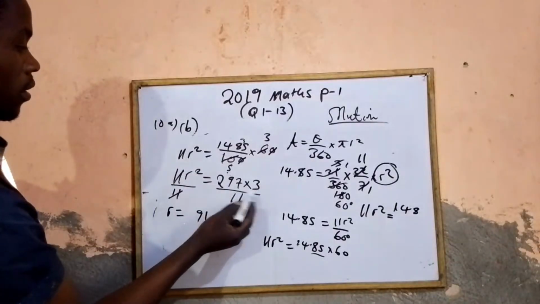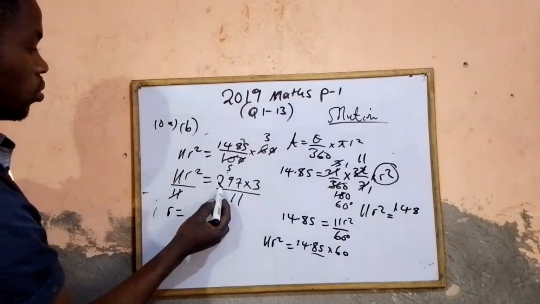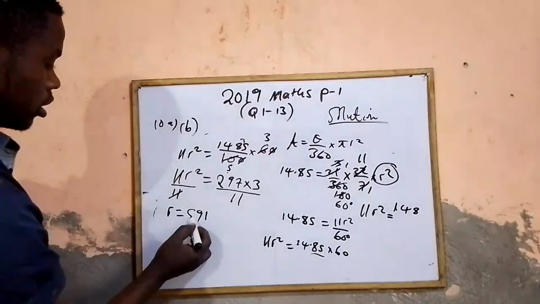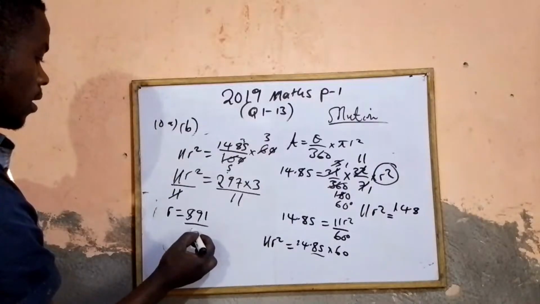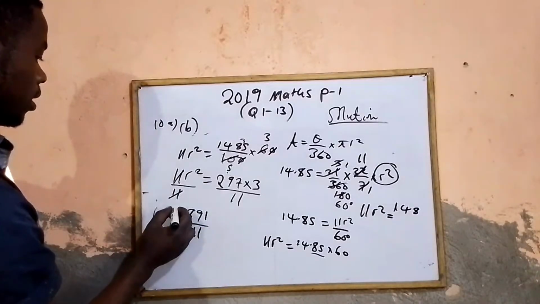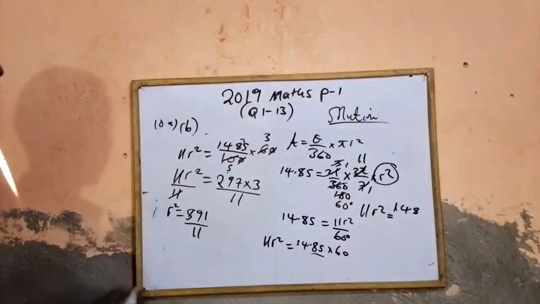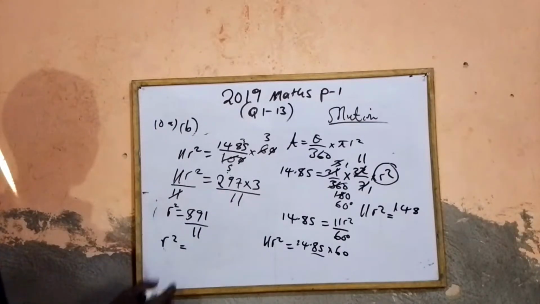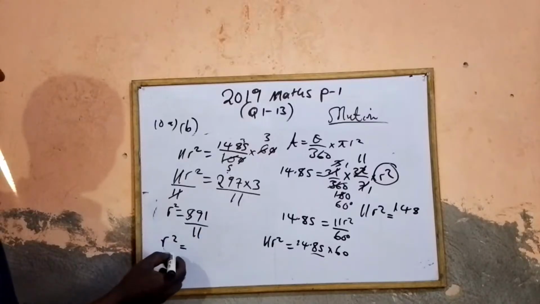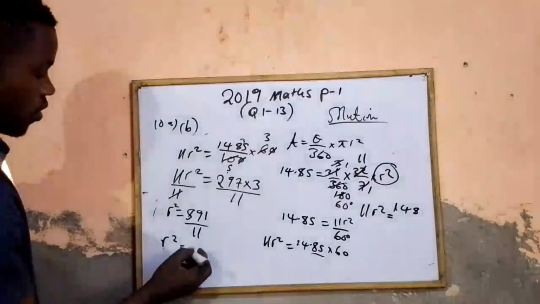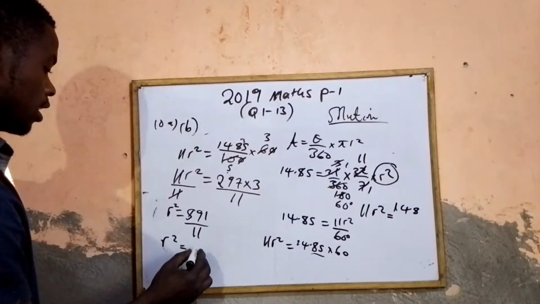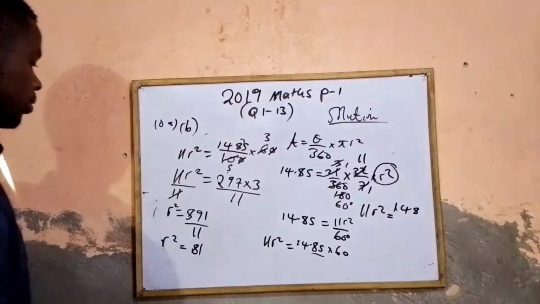Then 3 times 2, which is 6, plus 2, which is 8. Divided by 11 here. Remember, we have r squared. So 11 into 891, r squared will be equal to 81.